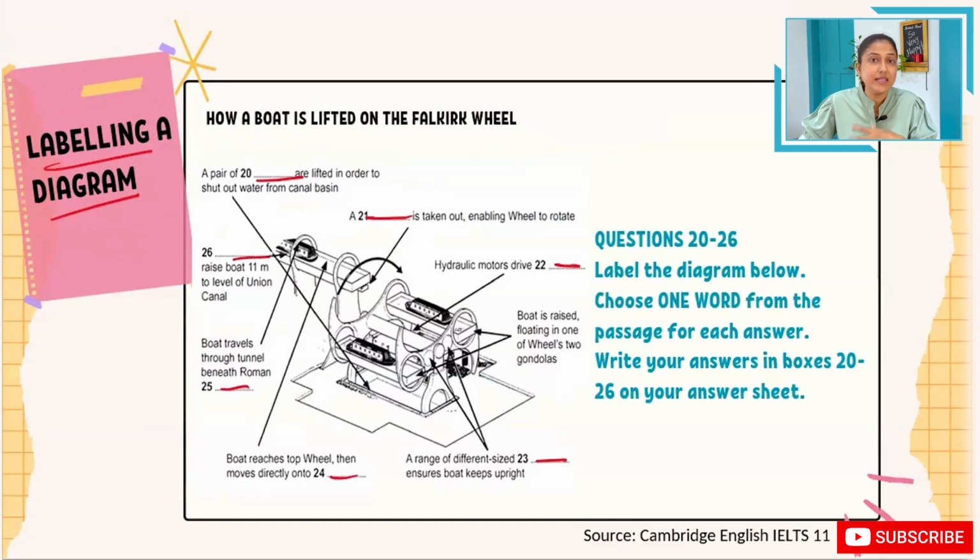This diagram is labeled, and with these labelings there are sentences, sometimes just words or phrases, and there's a blank given which you have to fill by finding the right word from the passage. See, again the instruction, fill in the blanks, limitation for words. See, choose one word from the passage for each answer. Alright, so your limitation is to write just one word for this particular set.